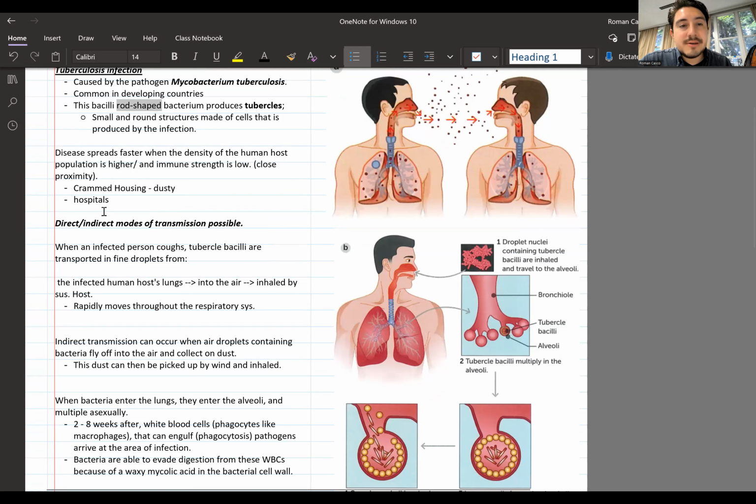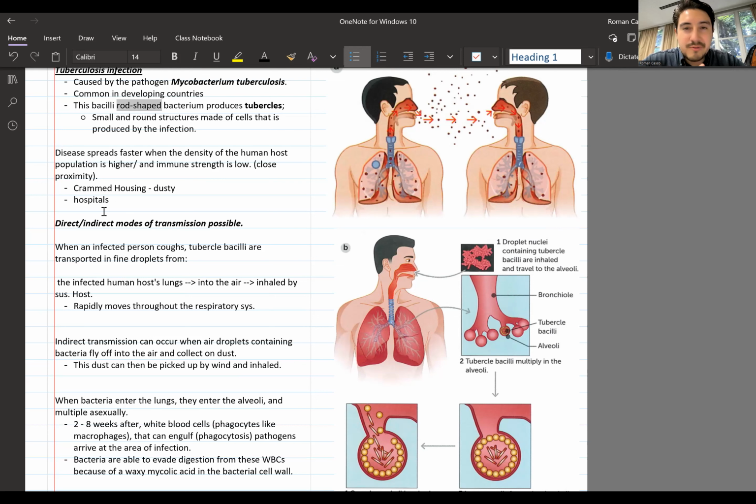You do have some kind of recurring situations. There is a pattern within developing countries that you do tend to get crammed housing. Hygiene is pretty bad. Cleanliness is pretty bad. So remember, bacteria can lodge onto surfaces.